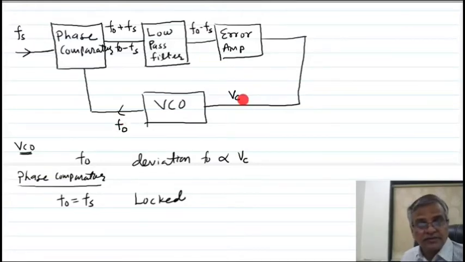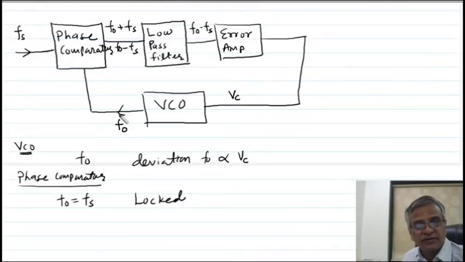The frequency of FO depends upon VC. So this VC changes the frequency of the VCO and tries to reduce the frequency difference between Fs and FO. When the incoming frequency Fs is not equal to FO, some error voltage is produced at the output of the low pass filter. This error voltage is amplified by the error amplifier and produces the voltage VC, and this VC changes the frequency FO till Fs is equal to FO.